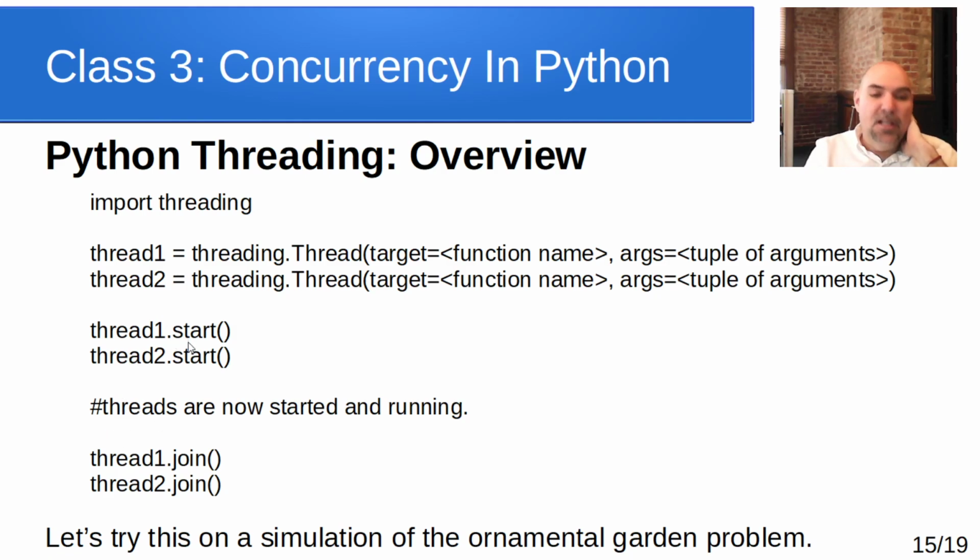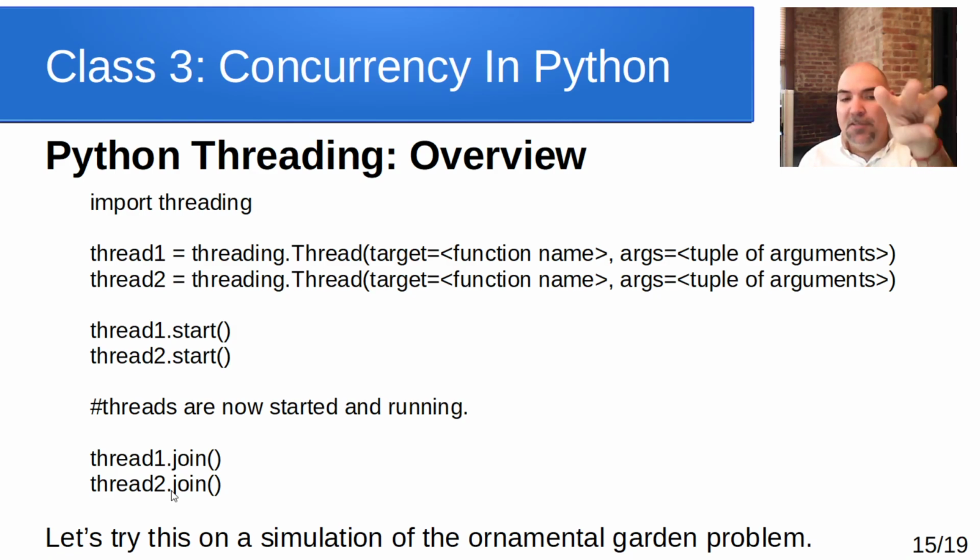So start starts them up, starts them executing, and what join does is wait for them to finish and complete before it goes on. So in other words, you can see this code branches out. It's coming along with one thread, it makes those thread objects, and then it hits thread1.start. Now I have 2 threads running concurrently. The main thread hits thread2.start. So this one kind of pushes over, and now I have 3 threads running concurrently.